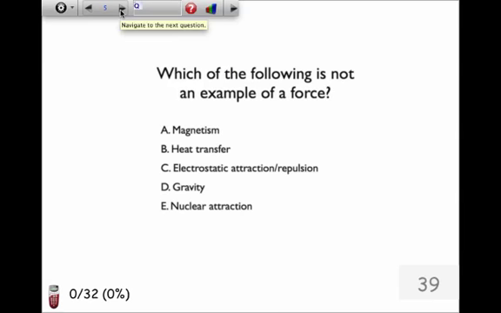Which of the following is not an example of a force? There's one odd one out that is not a force. Which one is it? You've got A, B, C, D and E on your clicker. Pick one and send it. You've got 25 seconds.